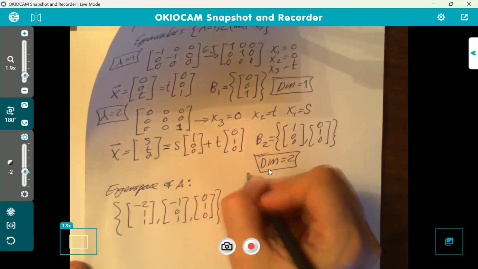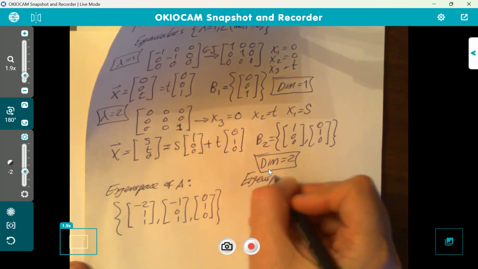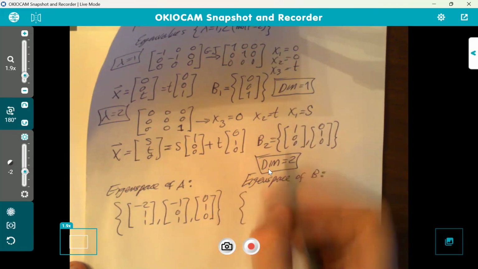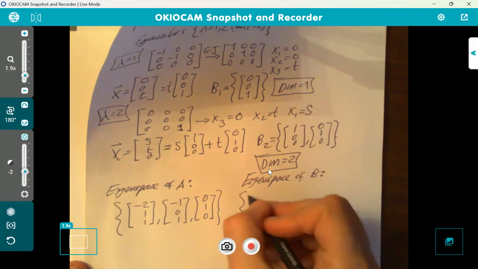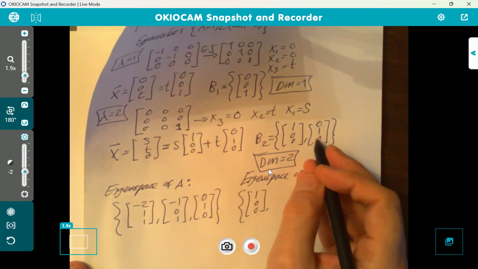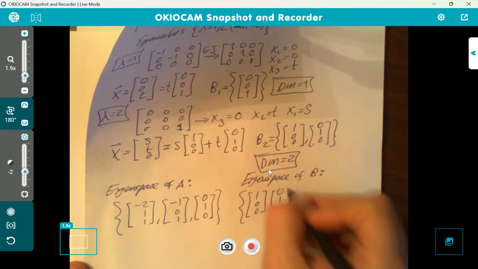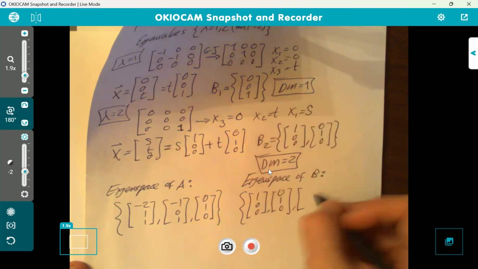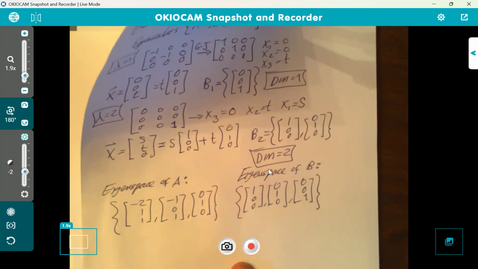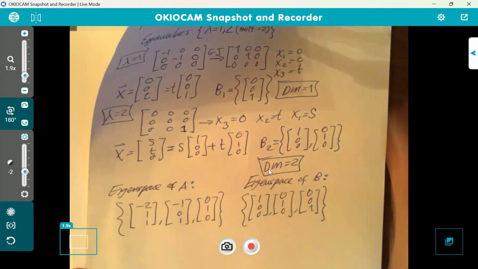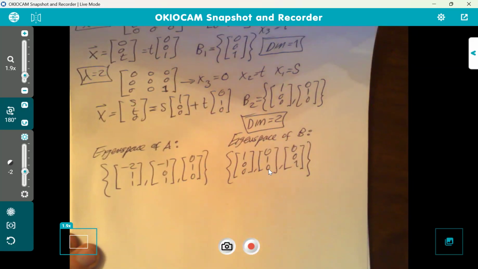The eigenspace of B actually ended up being the vectors that you're observing: 1, 0, 0, that's this one, 0, 1, 0. It looks like the identity matrix, doesn't it? And this one, 0, 0, 1. There you have it. And you see that they are different. See, these vectors are different. They're not exactly the same. And that's what I was trying to say in the note.